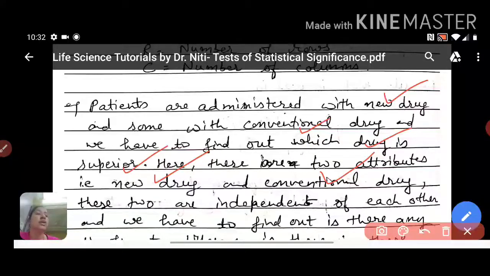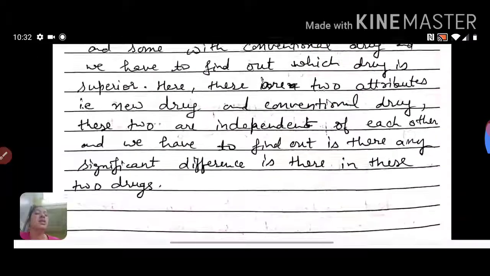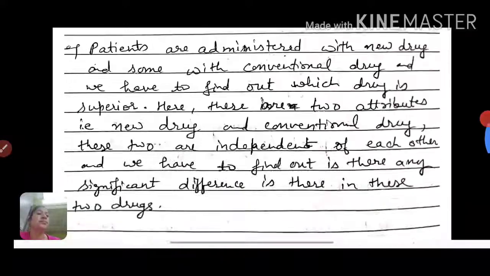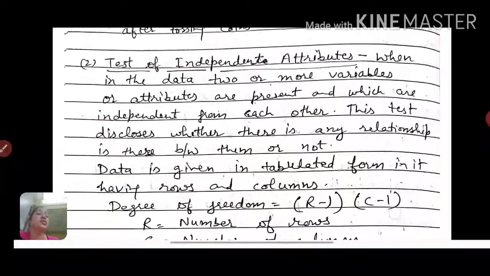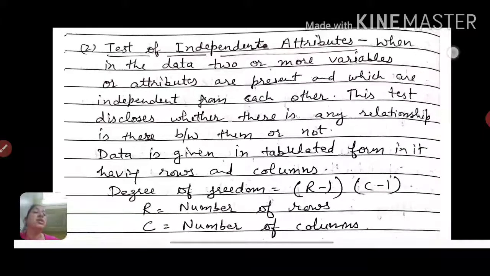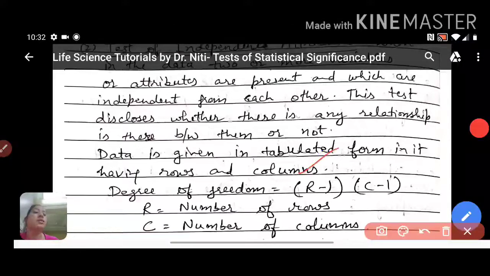You have to find out whether these are independent of each other or whether there is a difference between these two drugs. So this is a test of independent attributes. In this case you can determine the degree of freedom by using the formula r minus 1 times c minus 1. Here r is the number of rows and c is the number of columns, as data will be given to you in the form of a table.